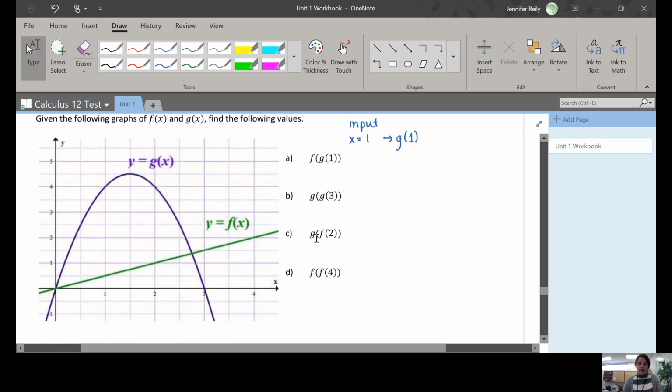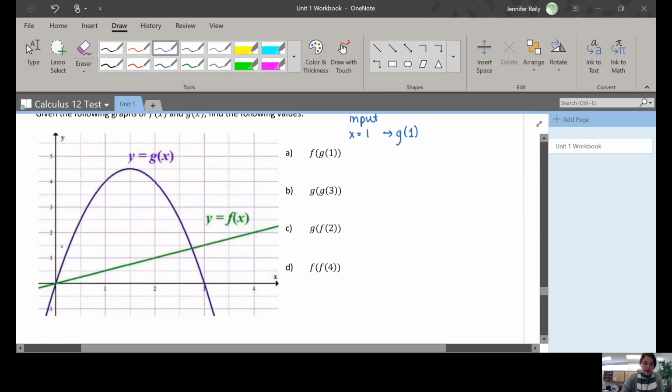So we look at the g of x graph first, so we go to x equals 1, go up to the graph, and we see that g of 1 is equal to 4. Okay, so that would be 4.